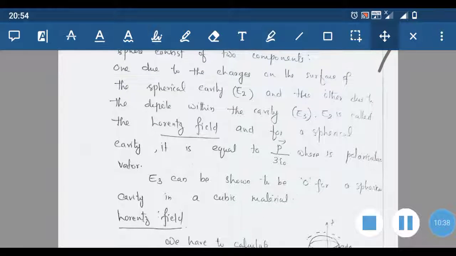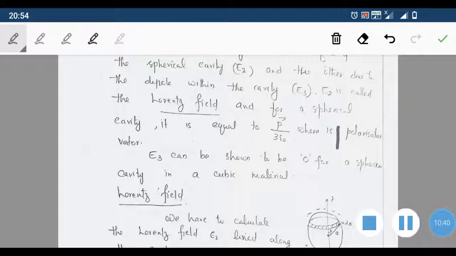E3 can be shown to be equal to 0 for a spherical cavity in a cubic material. So out of E2 and E3, the contribution from E2 is taken as the Lorentz field, and the contribution from E3 is taken to be 0 for a spherical cavity.